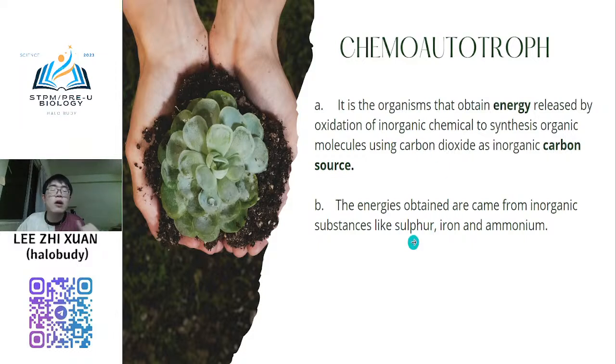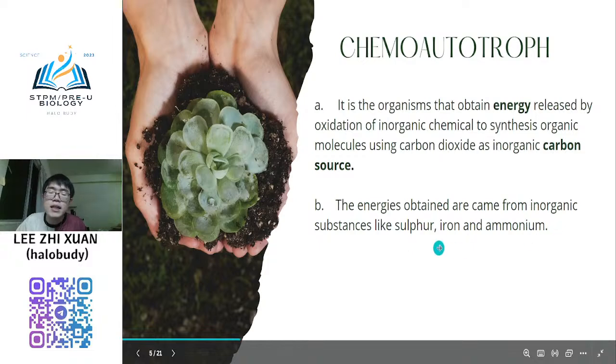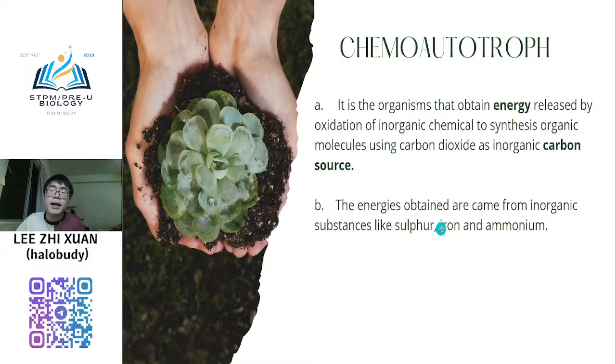So normally like sulfur, like iron, like ammonia, or like nitrate, all of these are inorganic compounds, right? So dia dapatkan energy daripada sini, bukan daripada cahaya. For photoautotroph, photo meaning it will involve light. But this chemoautotroph, the energy obtained comes from inorganic material, like sulfur, iron, and ammonium lah.